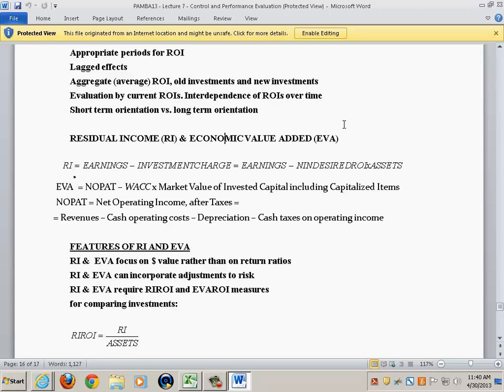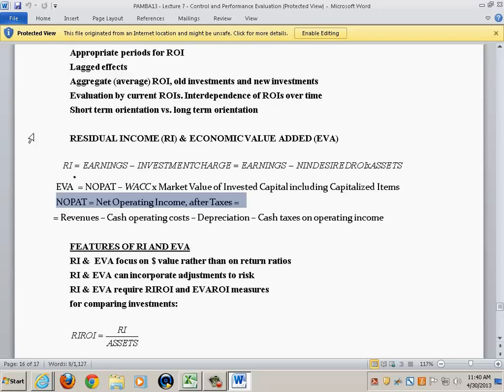Now, a related measure is the economic value added, which is also a difference. It's a difference between a measure of profits or earnings, which they call NOPAT, which stands, as you can see down here, for net operating income after taxes.